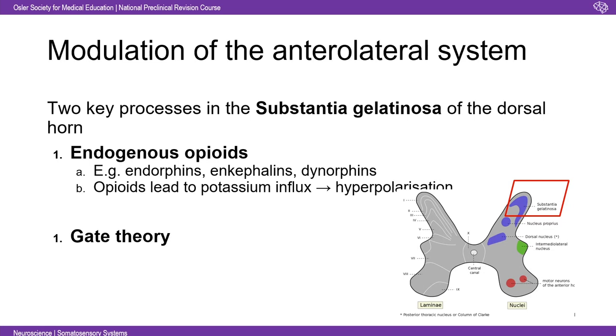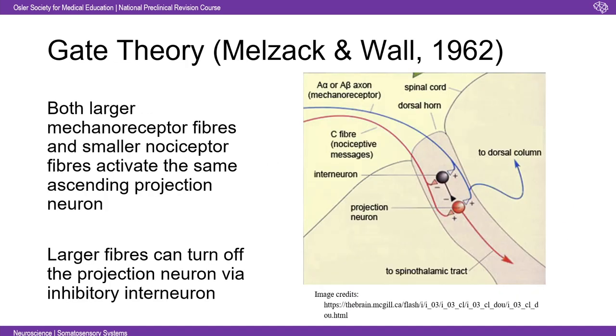The second key process involved in modulation of the anterolateral system is called gating. So gate theory was first formally conceptualized by Melzack and Wall. And there's neuroanatomical evidence for this.